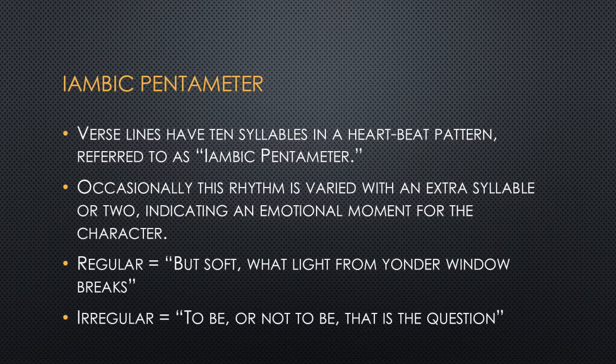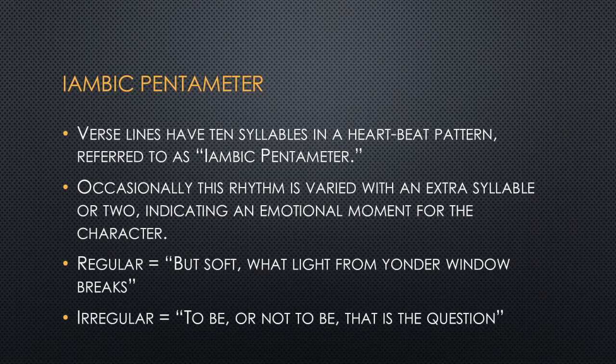Of course, the thing you hear a lot about with Shakespeare is the rhythm of the lines, the ba-dum, ba-dum, ba-dum, ba-dum, ba-dum. The fancy term for that is iambic pentameter, and it just means that every verse line has 10 syllables and they go in that sort of heartbeat pattern. And sometimes that rhythm is going to be varied up. There's an extra syllable or two, which indicates that it's a big emotional moment for the character.